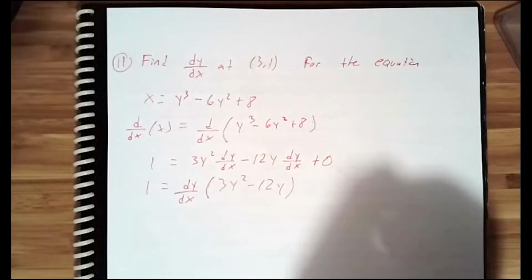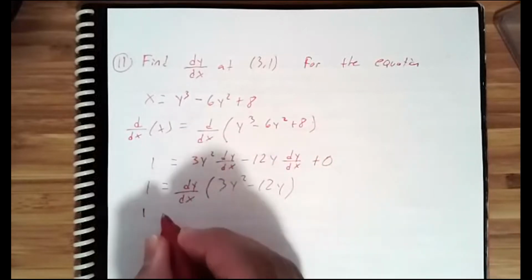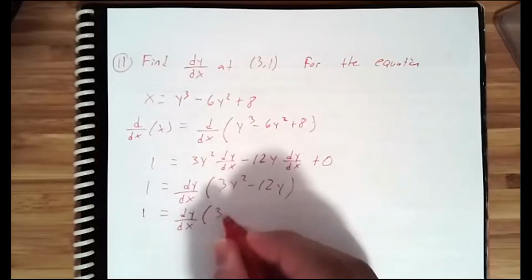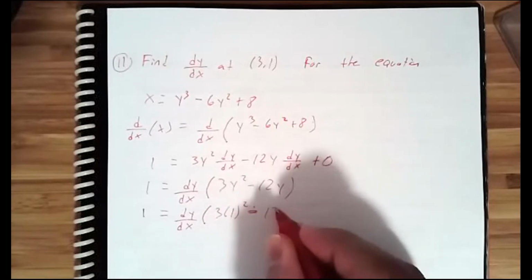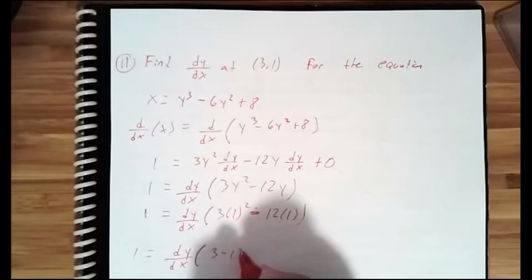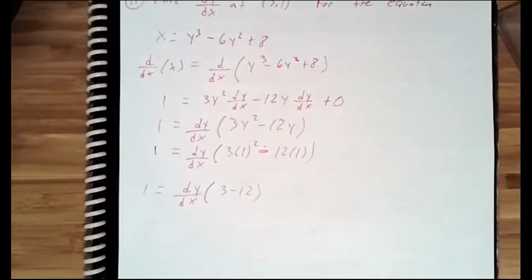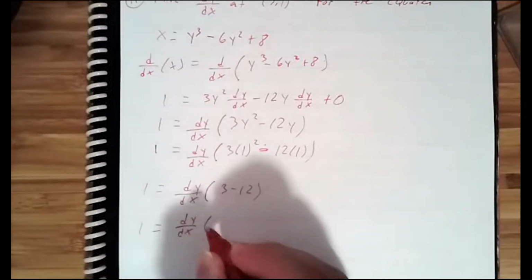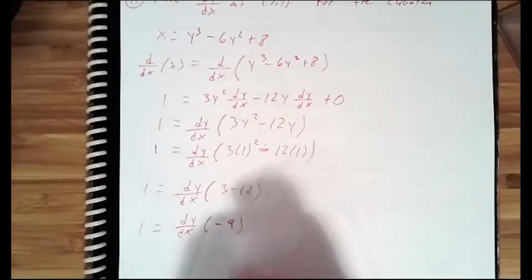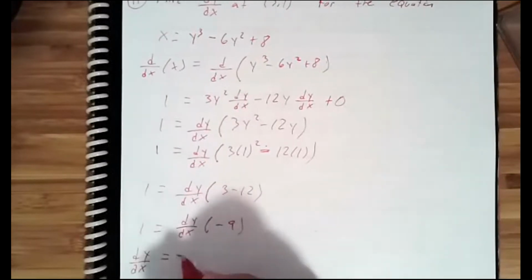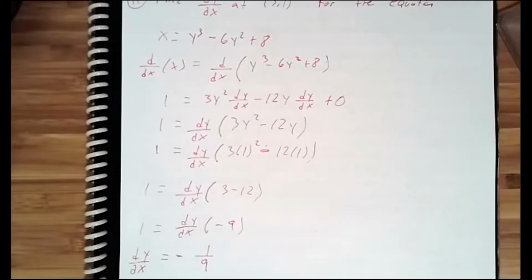Plug in y, and we will have 3 times 1 minus 12 times 1. So that will be 1 is equal to dy dx times -9. So divide by -9, so that gives us dy dx equals to -1 over 9, which is C.